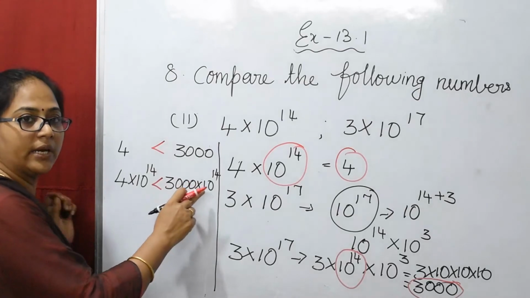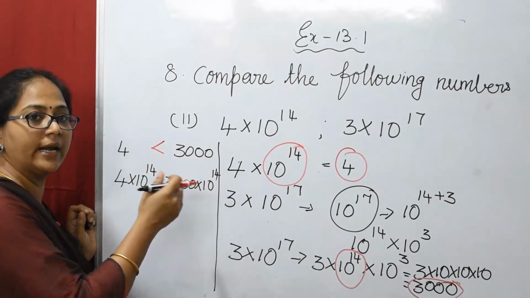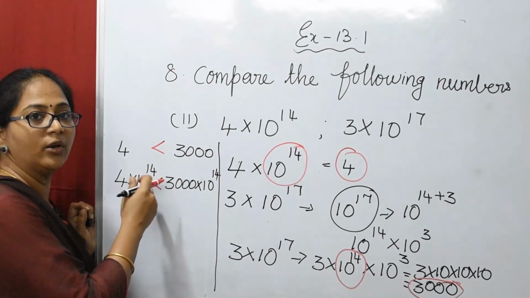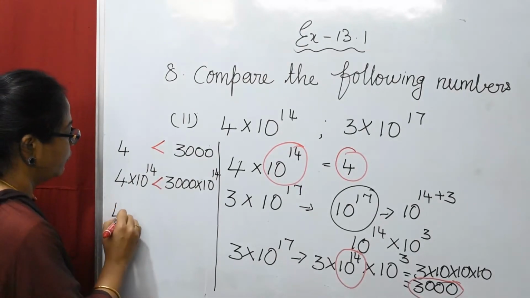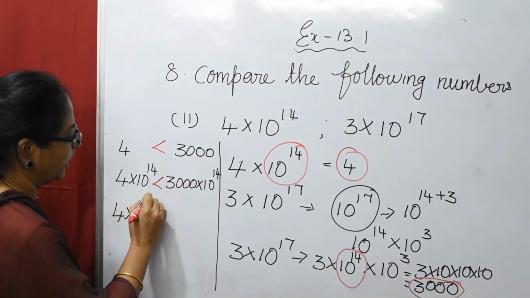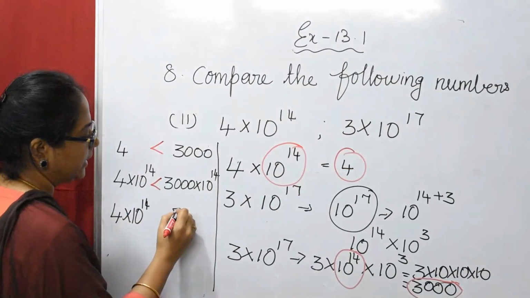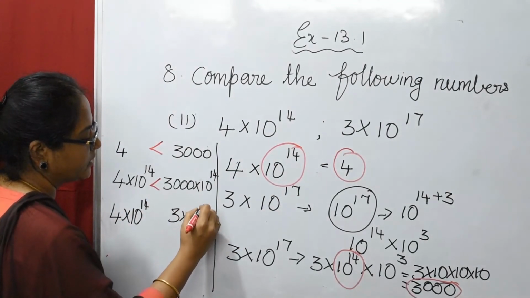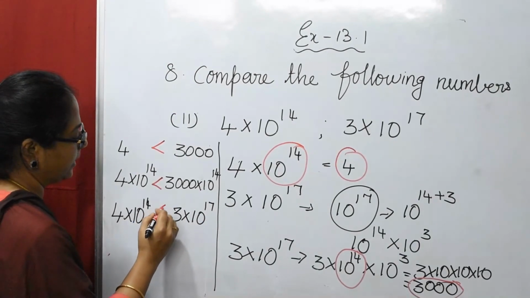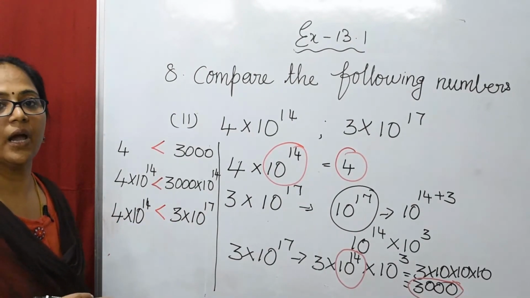So 3000 into 10 to the power of 14 is greater than 4 into 10 to the power of 14. Now what is 3000 into 10 to the power of 14? 3 into 10 to the power of 17. So this is greater. Understood, students?